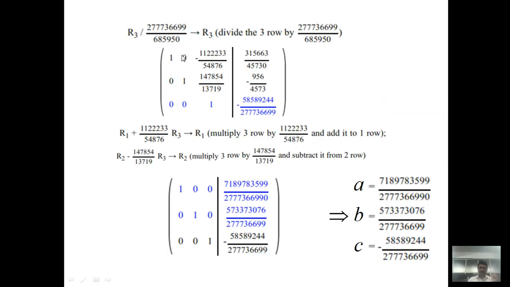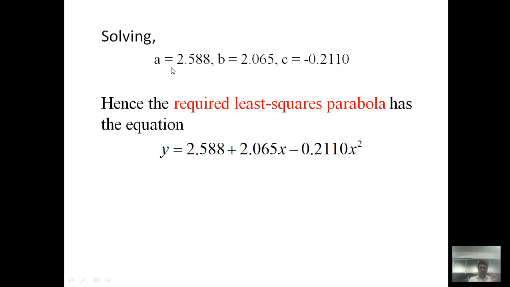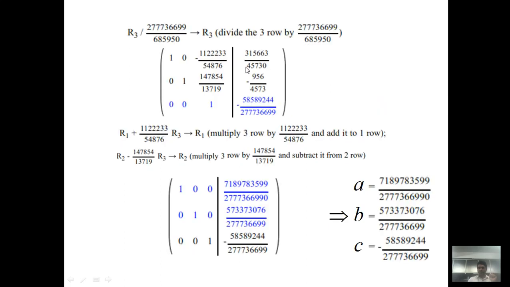After simplifying the numerator upon denominator, we get the value of A approximately 2.588. Value of B is 2.065.